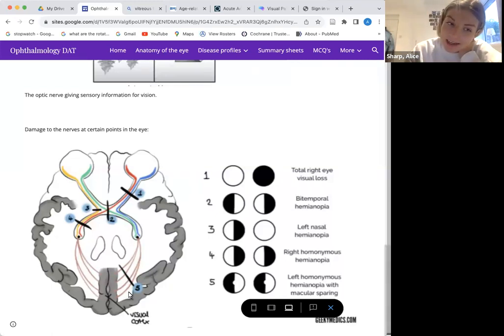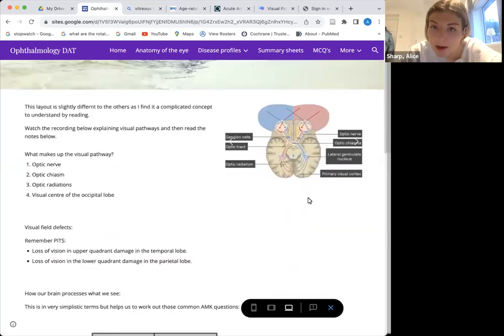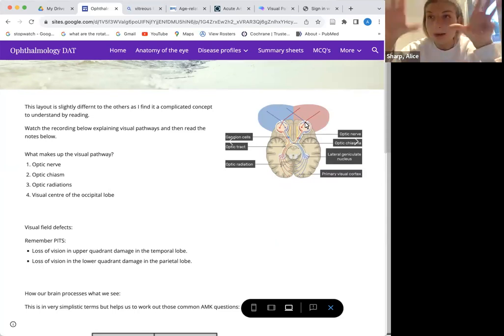Where it gets a bit complicated is number five. Remember, we spoke up here about your optic radiations. If the damage is at the optic radiation, your macula is spared, and the macula provides the central vision to your eye.